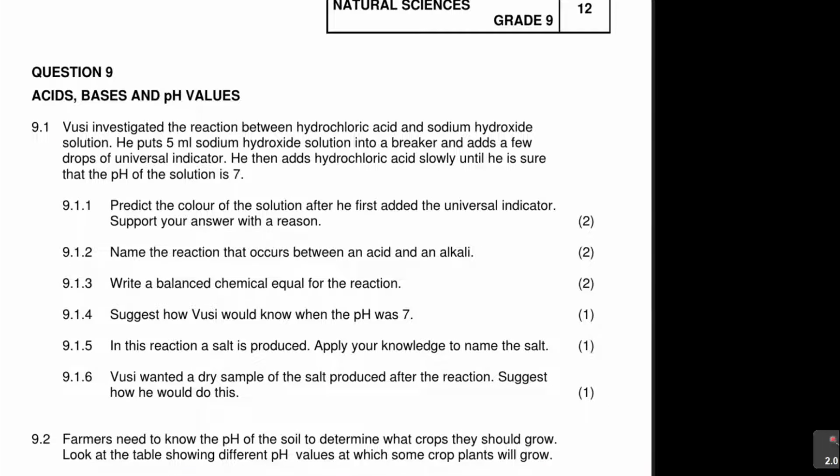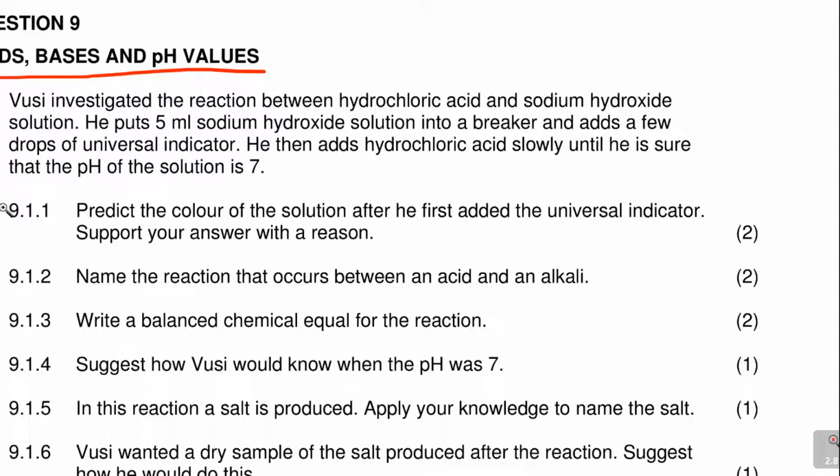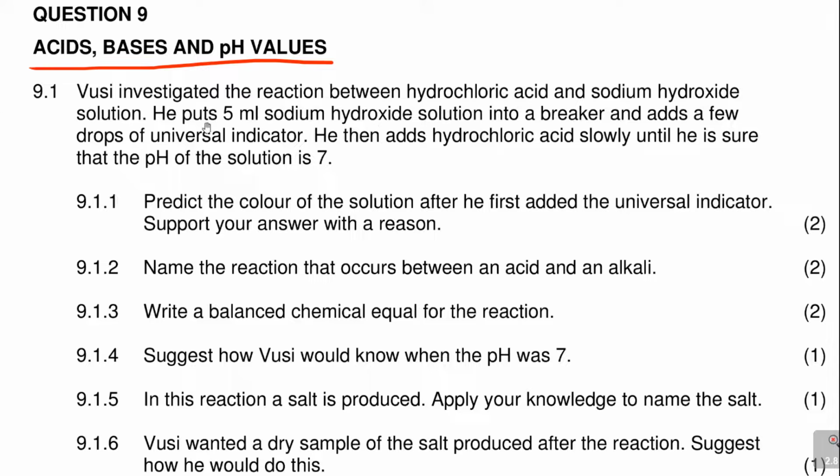Acids, bases, and pH values. Moving on to question 9. It says Vossy investigated the reaction between hydrochloric acid and sodium hydroxide. Hydrochloric acid, you must know this formula as HCl, and sodium hydroxide, you must know this formula, NaOH. You see, this is an acid and this is a base, or it is alkaline.